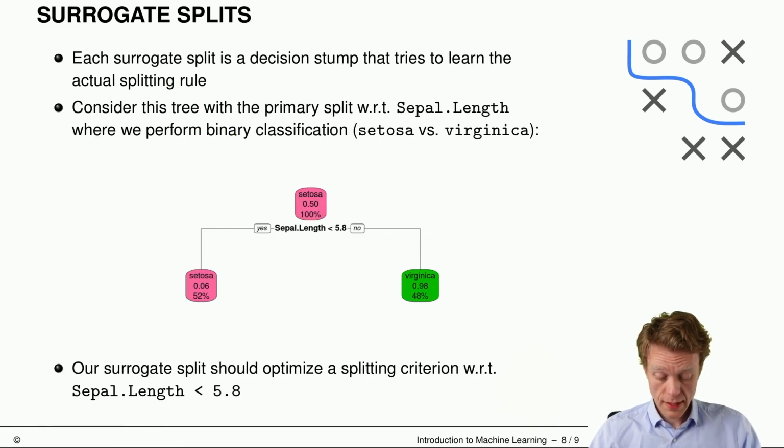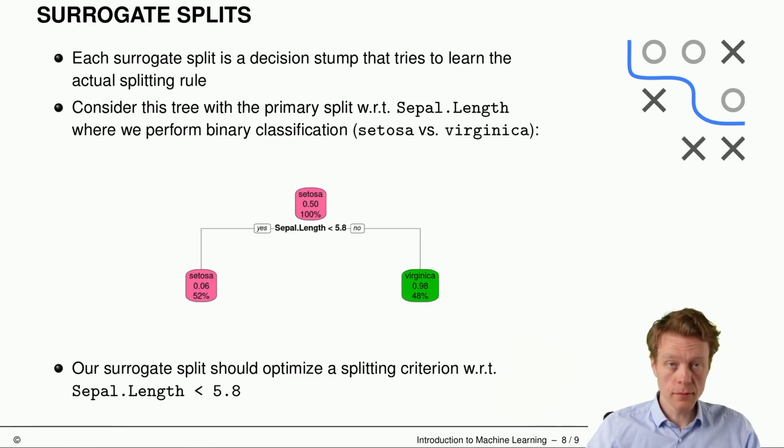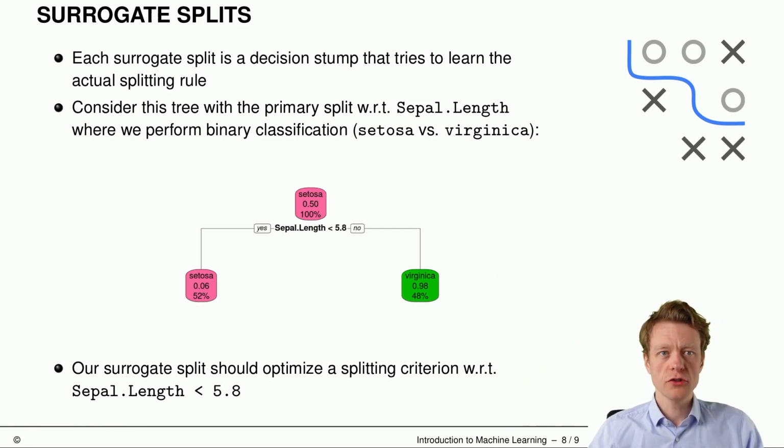So let's have a look at an example. Each surrogate split itself is a decision stump that tries to learn the actual splitting rule. Okay, now think about this. We are not trying to learn how to predict the outcome, but we're trying to predict the splitting rule.